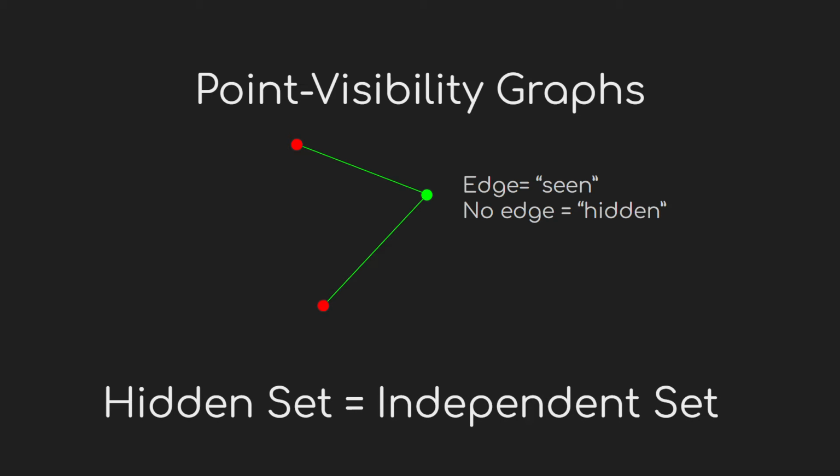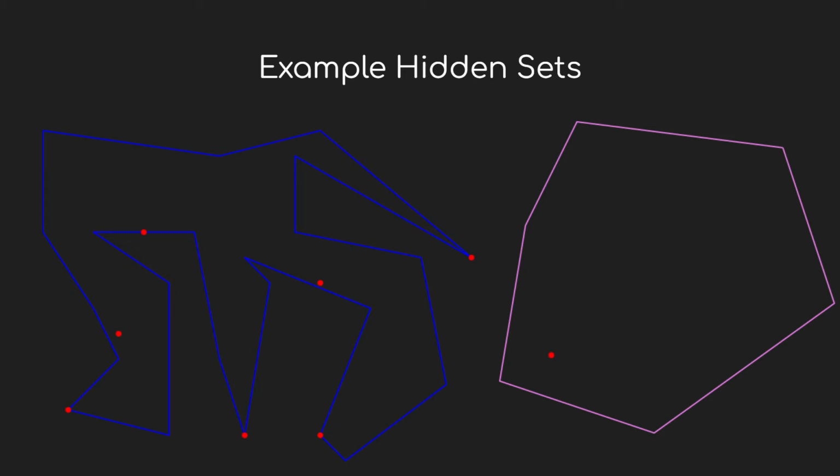Within this graph setting, a hidden set, or a set of points which are hidden from each other, is the same as an independent set within the infinite point visibility graph. Two examples of hidden sets include the one on the right, which is just a single point within a convex polygon, and we'll get into why that's a special case in a little bit.